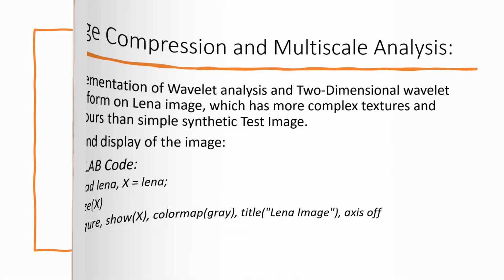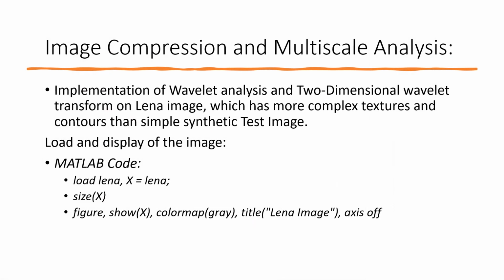The next thing we are going to discuss is image compression and multiscale analysis. Before calculating image compression and multiscale analysis, what we are going to do is take an image. This image is known as the Lena image.